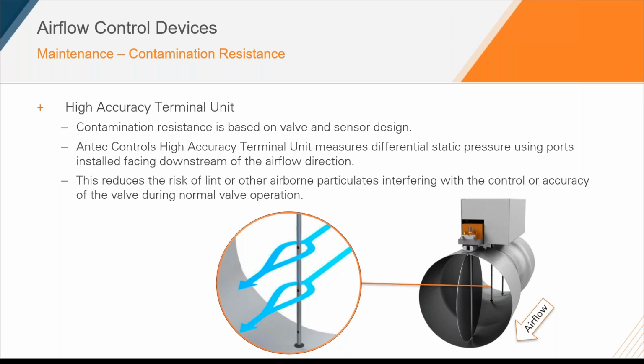This high accuracy terminal unit measures the differential static pressure utilizing pressure ports facing downstream of the airflow direction. What this gives us is the ability to reduce the risk of lint and other airborne particulates affecting the control or accuracy of the valve during normal operation.